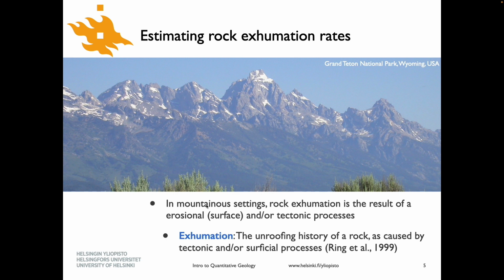Just as a reminder, before we go to our calculation of an exhumation rate: in most mountainous places, especially where you have two continents colliding or convergent tectonics, most of the reason that rocks are exhumed and brought from depth to the surface is erosion.